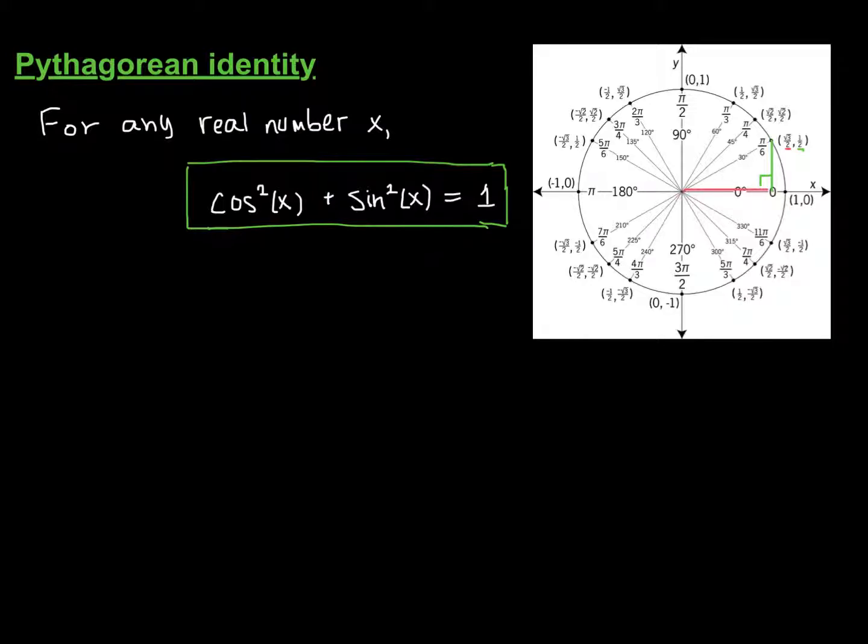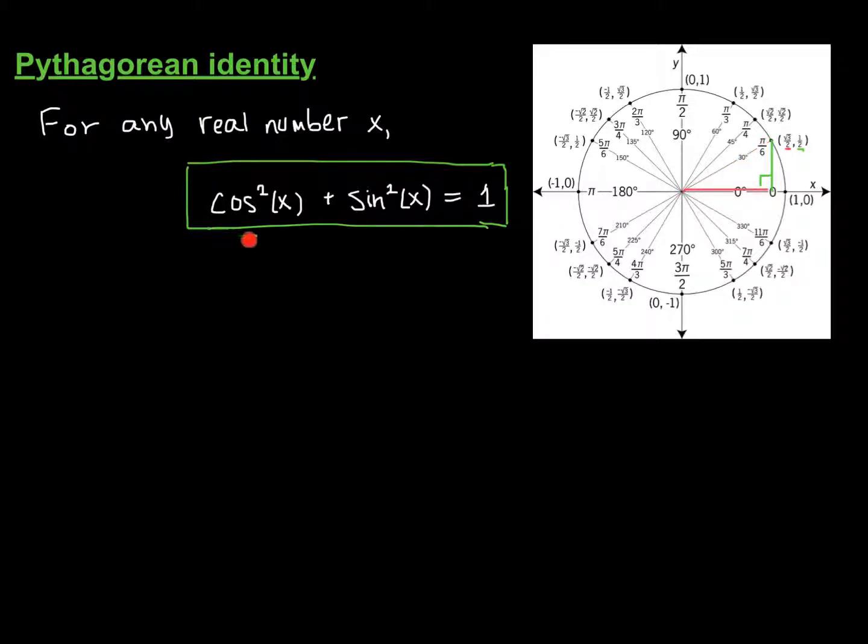And so here we just have a special situation where our hypotenuse c, regardless of where I end up on the unit circle, the hypotenuse of that right triangle, constructed with the cosine and sine, in other words the x and y coordinate, is going to be 1. And so this allows me to write the equation that the cosine value, the x distance, squared, plus the y distance, squared, will equal the hypotenuse squared, which is 1.